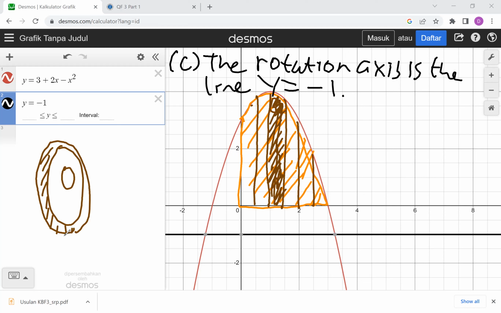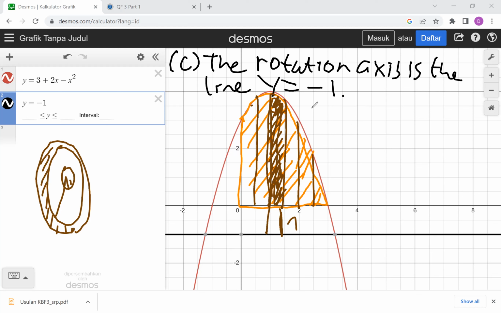Of course, the radius of the smaller circle is 1, and the larger radius is the distance from the line y equals -1 up to here. So this one is 1, and this one is 3 plus 2x minus x squared, plus 1.